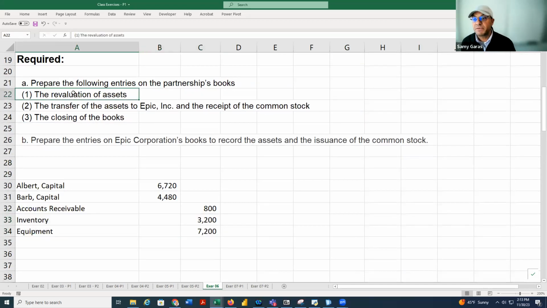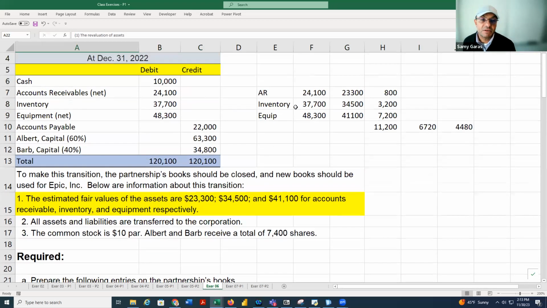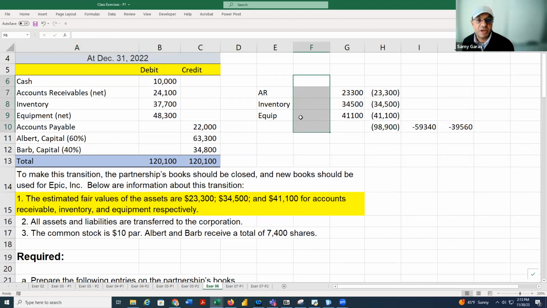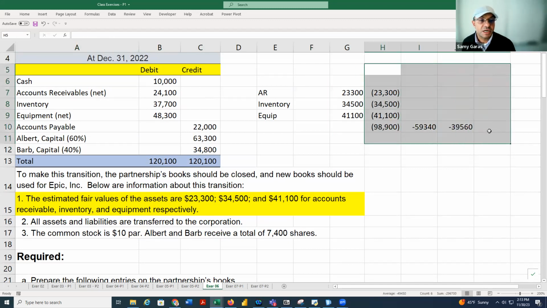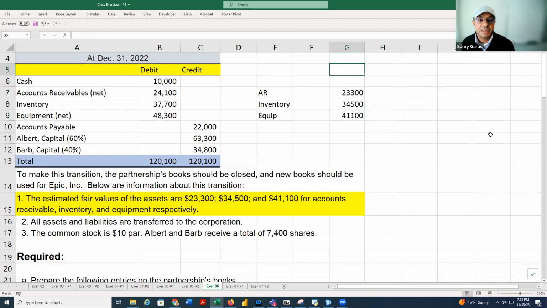So now we did the first journal, the valuation. Second, we need to transfer the assets from the partnership to the corporation, which they call Epic Corporation. So how can we make the transfer? When we make the transfer, we don't transfer the book value anymore, but we transfer the fair market value.